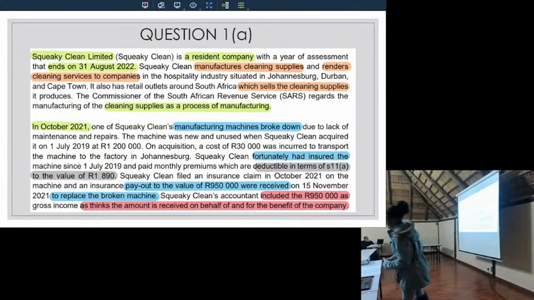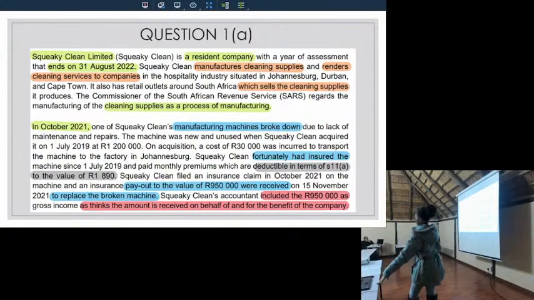All right. So it's fair that you think you would have included this amount in your gross income. Another thing about papers is that there are different accountants out there, right? They might have been taught tax a different way. If an amount is received, we include it in the taxable income in terms of the gross income definition.